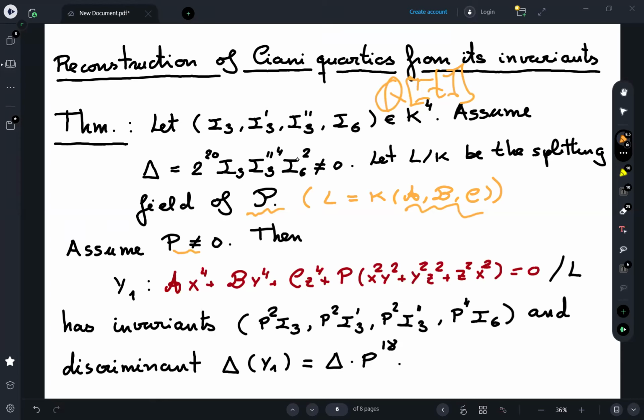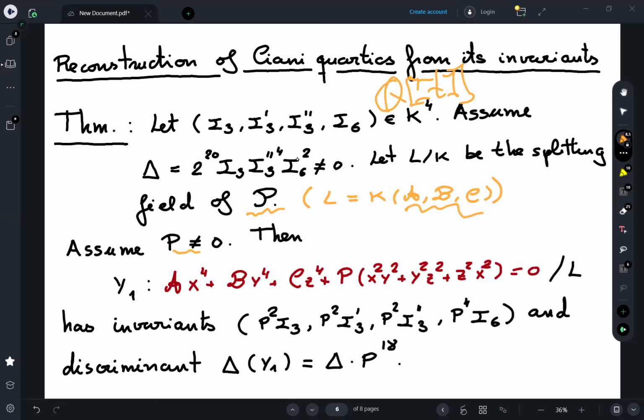So basically they are just a multiple of the invariants that you wanted, so they define the same point in the moduli space. So you got a curve with the invariants that you wanted, except that you got this annoying extra factor, P. If the valuation at your prime P is 0, it doesn't matter. So you still control what is happening at a given prime, but somehow you are adding something.